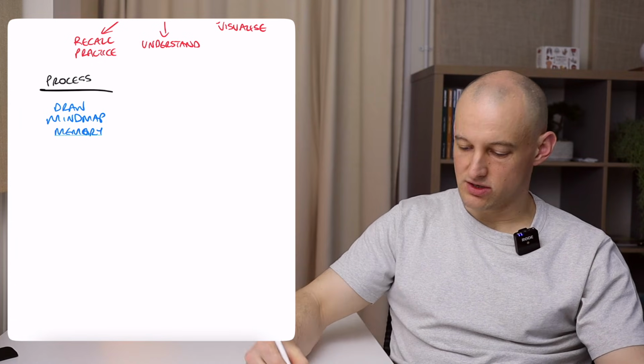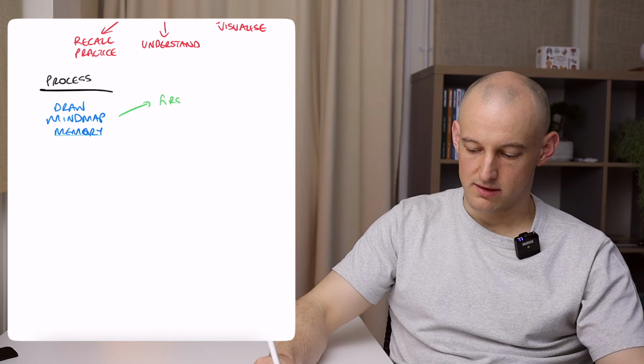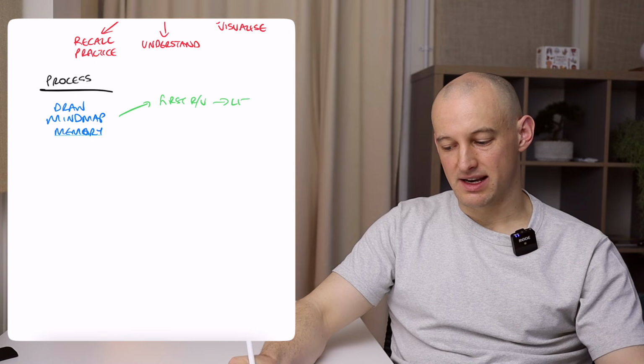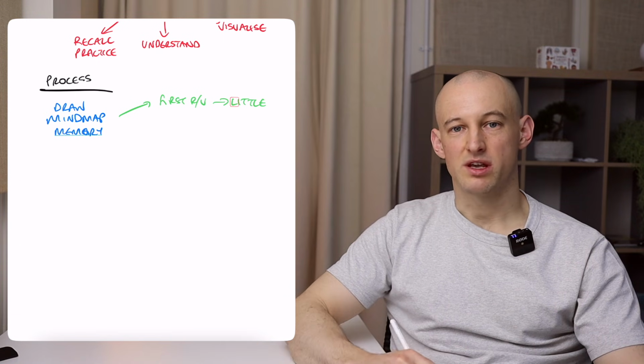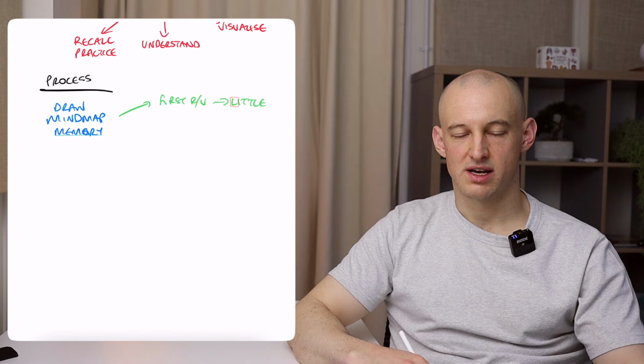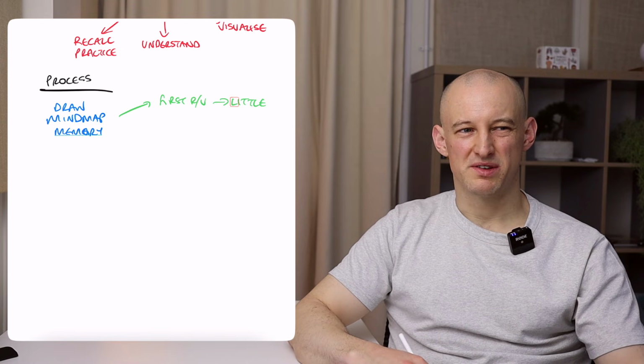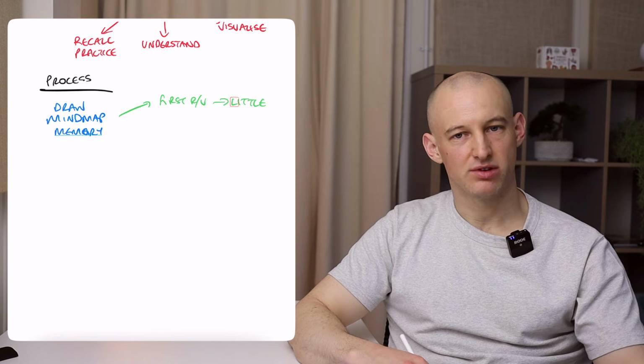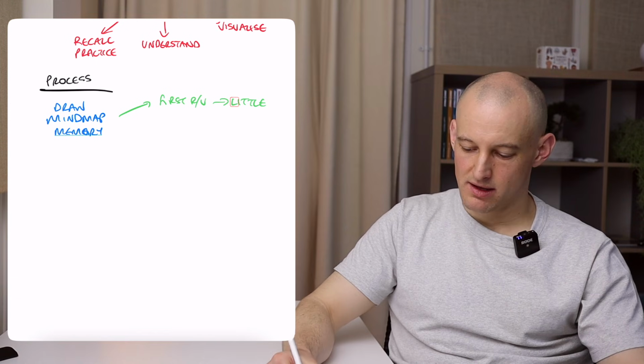And now, if this is your first review, you're going to have little on your mind map. So you might have, say we're doing Clostridium difficile, and it's the first time you've ever done it. You kind of know it's an infection in the bowel, but that's about all you know. So that's all you're going to draw for your mind map.